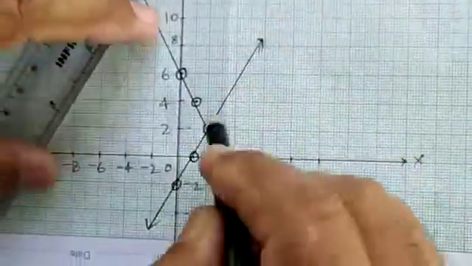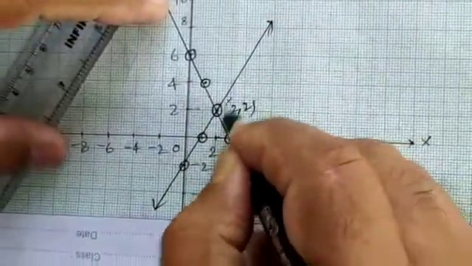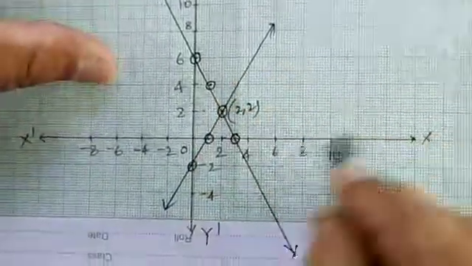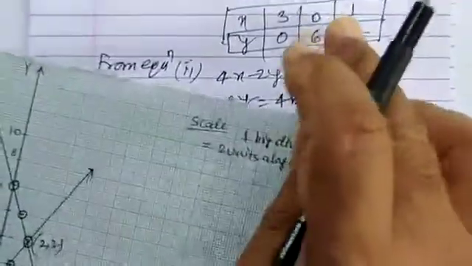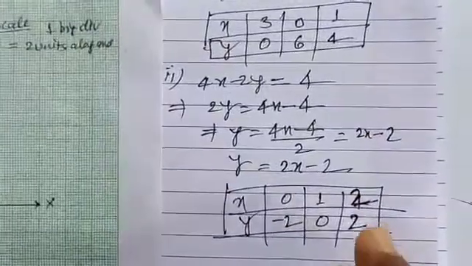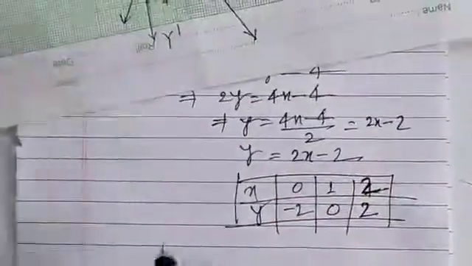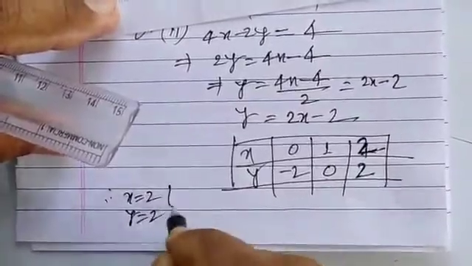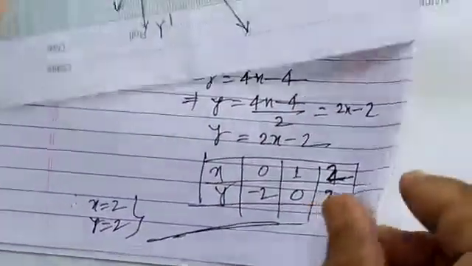We are getting both equations intersecting at (2, 2). So the solution is x equals 2 and y equals 2. You can check it here also: x equals 2, then y is also 2. Therefore, x equals 2 and y equals 2. This is the solution of the third equation.